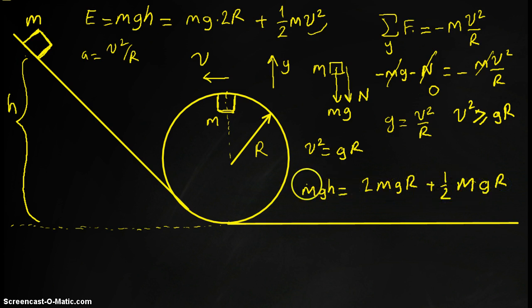On every term we can cancel the gm terms because they are common. So as a result, we can solve this equation for h. We have 2r plus 1/2 r. This makes 5 divided by 2 r, or 2.5 r. So the minimum height of this object initially should be 2.5 r, so that the object moves inside this circle without falling in the air.